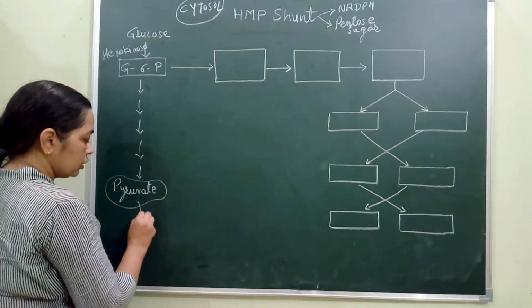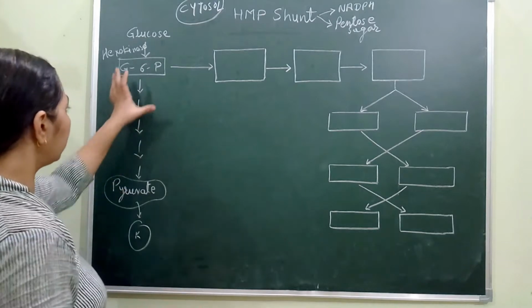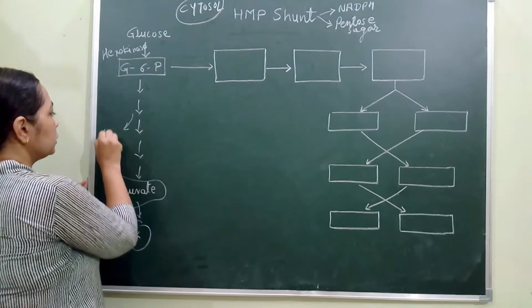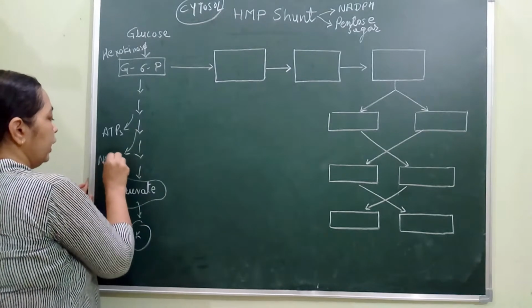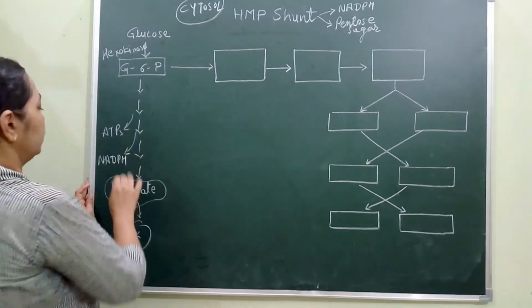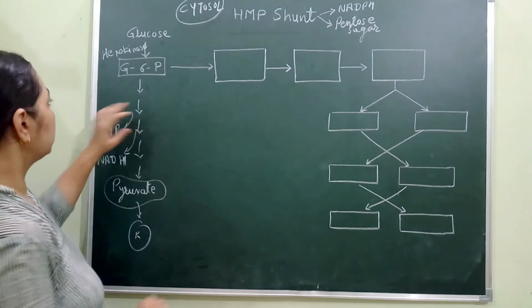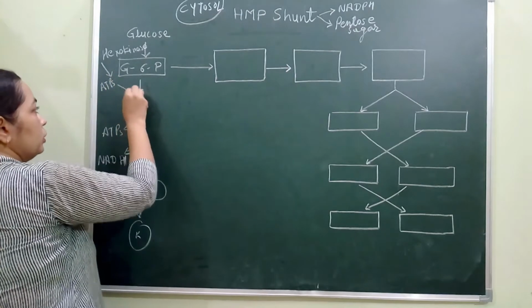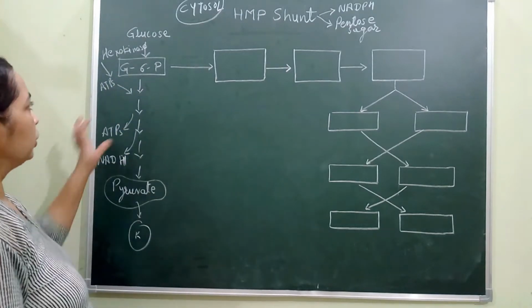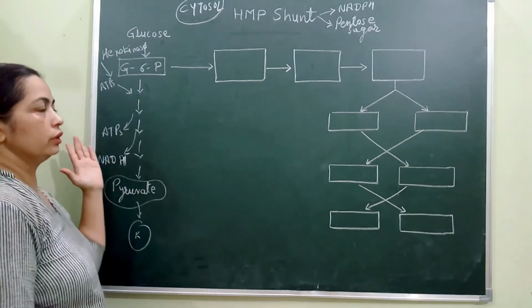This pyruvate further enters the Krebs cycle, which is a cyclic pathway, and during this process it produces some ATPs as well as releases some NADH. In addition, it also consumes some ATPs when glycolysis occurs. So in glycolysis some ATPs are consumed while some ATPs are released.